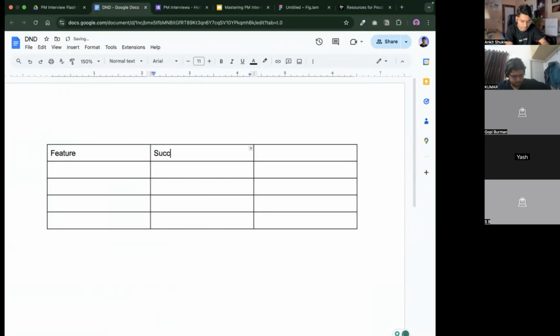Feature success metric and DND metric. DND means do not disturb or guardrail. Okay. So let's say we have built a feature of referrals.